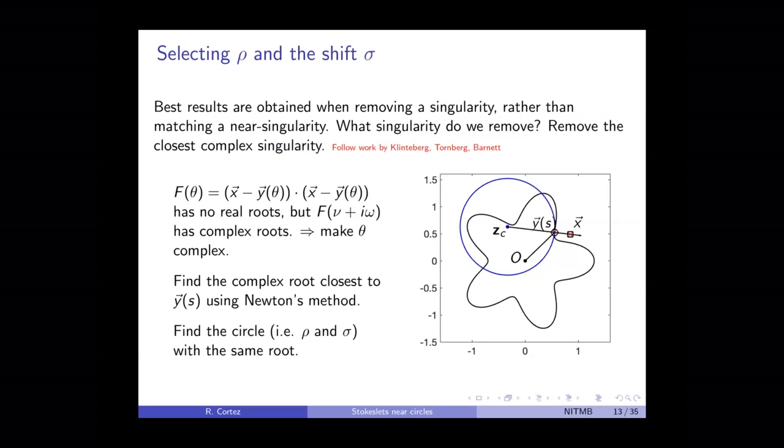And so what happens is that in the complex plane, now you have a singularity. And you pick a singularity close to the y of s, and then you want both the original shape and the circle to have the same singularity at the same point. And so that determines the radius of the circle. So that's the methodology that we use to determine what the radius is. And that's the idea.